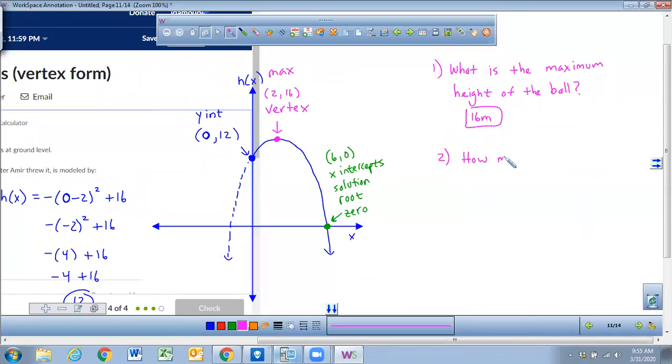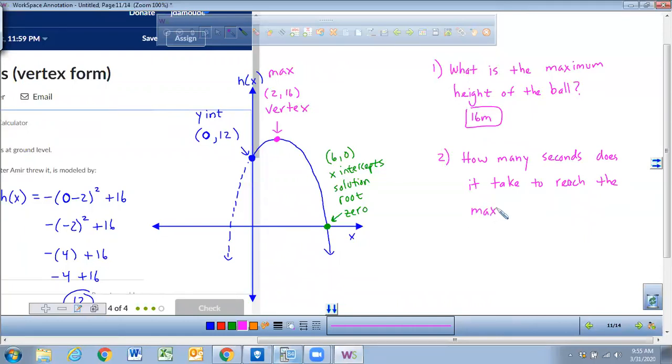How many seconds does it take to reach the maximum height? Then you would say it takes a total of 2 seconds.